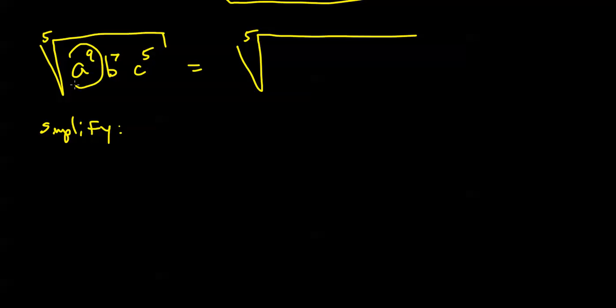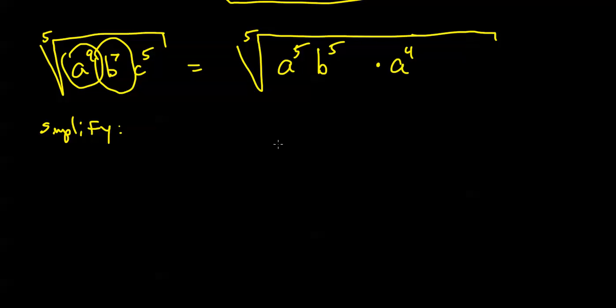A to the ninth is not a perfect fifth power, but a to the fifth is, so 5 factors of a are going to come out, and that means 4 factors of a have to stay inside. Similarly, b to the seventh is not a perfect fifth power, but b to the fifth is, so b to the fifth can come out, which leaves me with b squared inside.